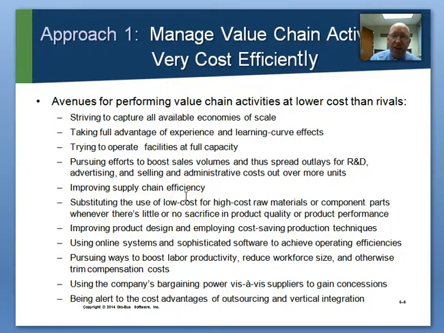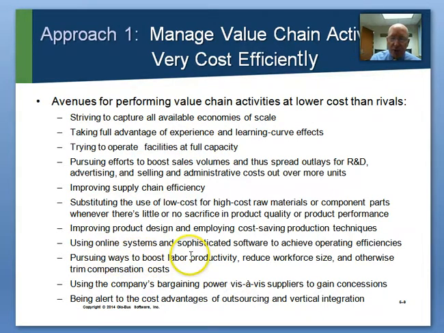This slide just suggests some of the ways that you're able to, in fact, achieve that lower cost as you manage the supply chain. Operating facilities at full capacity. You see that with Globus, about having your plants operate as quickly as possible.